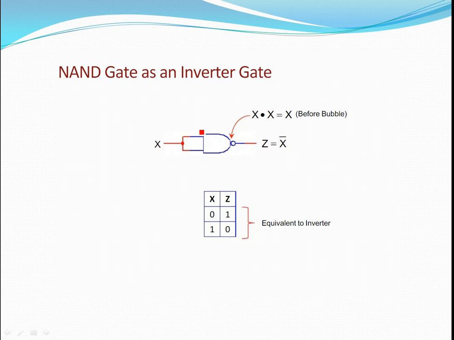So that means for both inputs of the NAND gate, the input is X only, and the output Z equals X bar, because already you know that X dot X is nothing but X only, right?